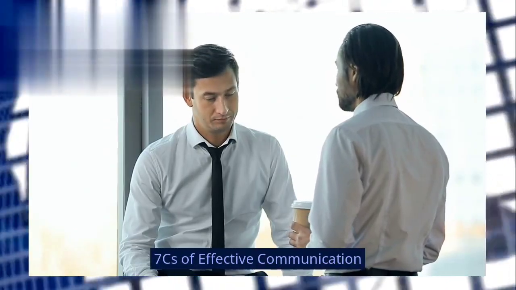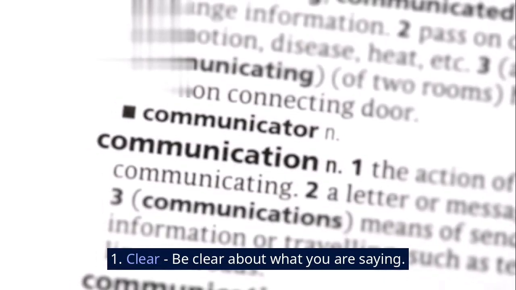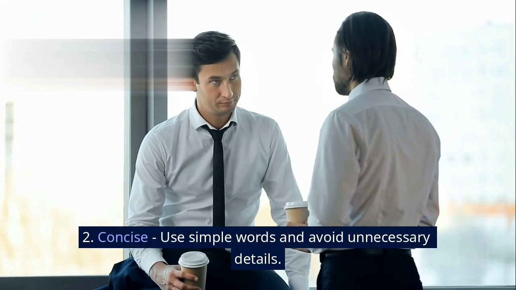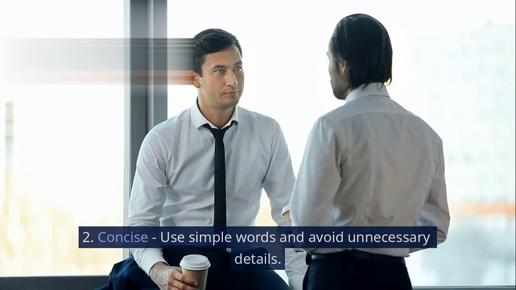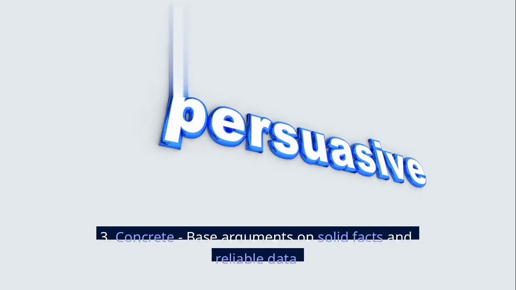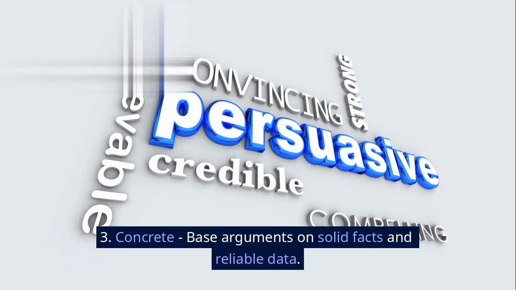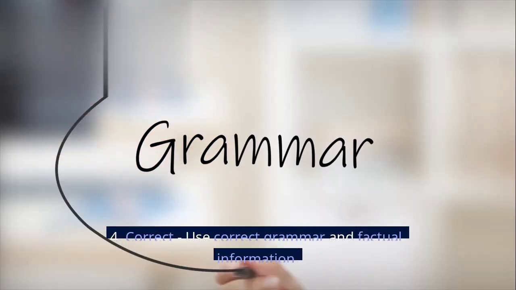7 Cs of effective communication. 1. Clear, be clear about what you are saying. 2. Concise, use simple words and avoid unnecessary details. 3. Concrete, base arguments on solid facts and reliable data. 4.